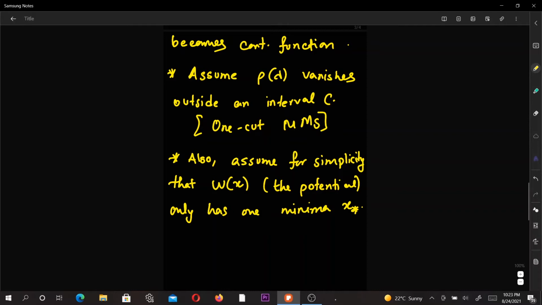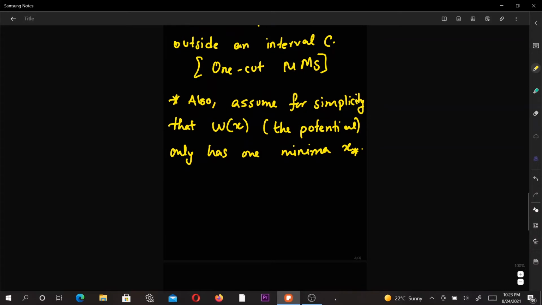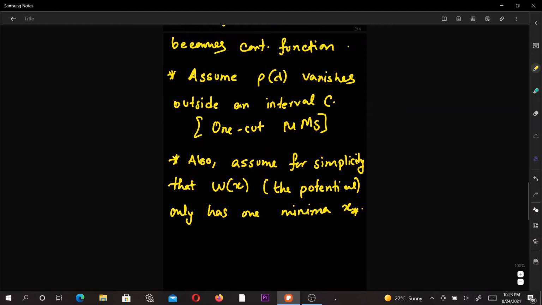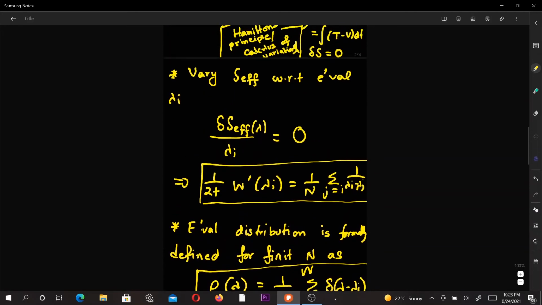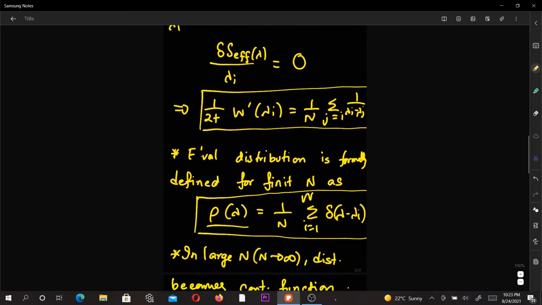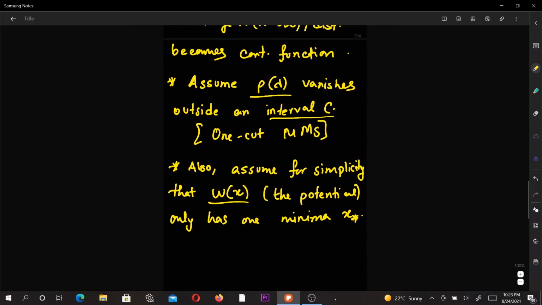These are the two assumptions. That is, we assume that our rho of lambda vanishes outside the interval C, and these are called one-cut matrix models. And for simplicity, we also assume that our potential W of x, or here it was W of lambda, only has one minimum, that is at x star.